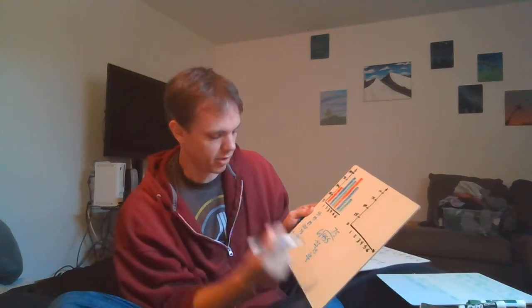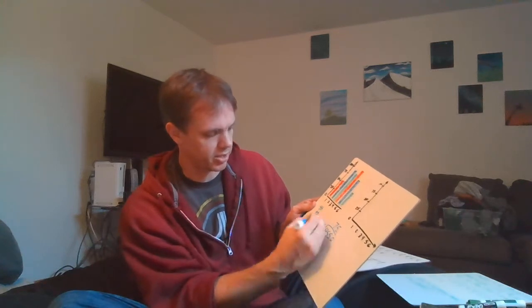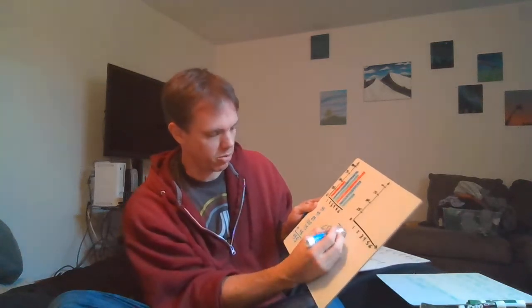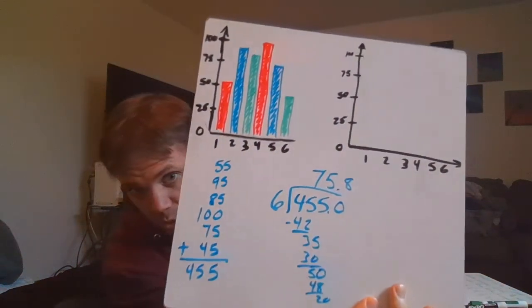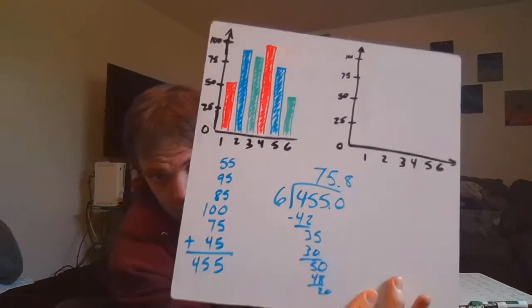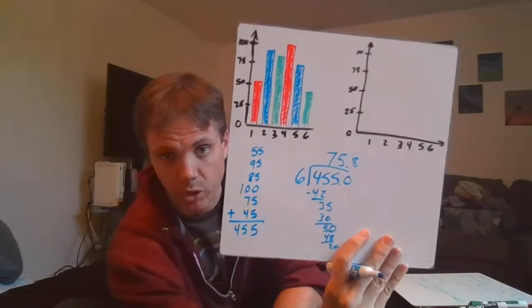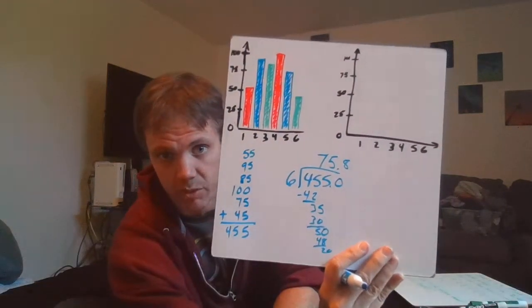You have 5 left over. So you're going to get into a decimal point. That'll be 50, which is going to be 0.8, and then it's going to just go on forever. But 75.8 is roughly your average. If I was giving you an average on your homeworks, I would stop it at 75.8, which is fine.